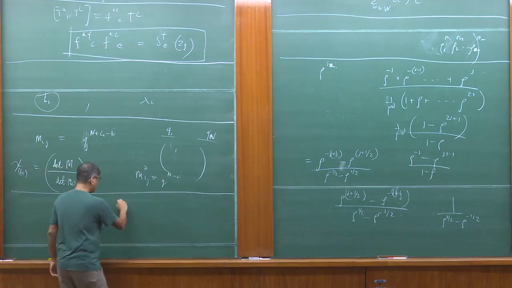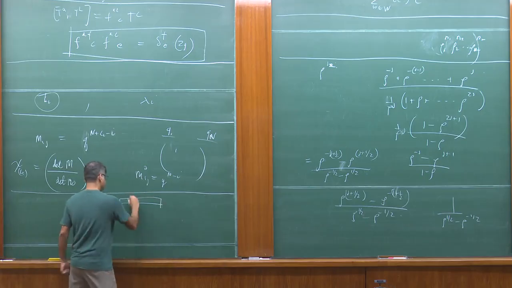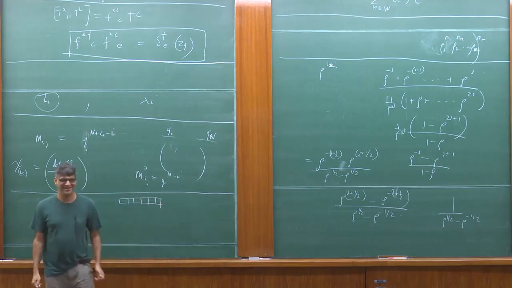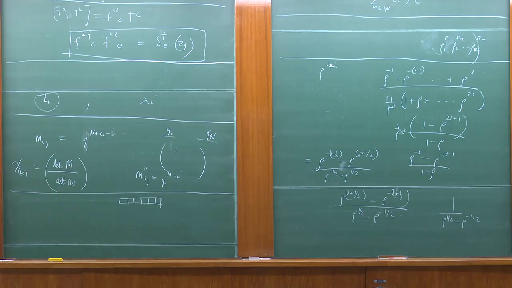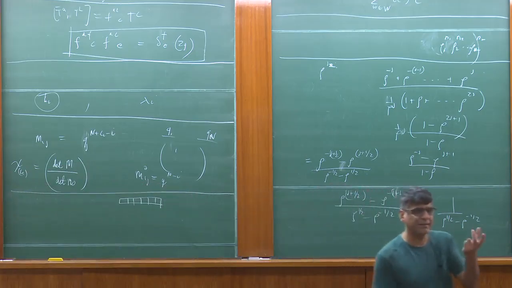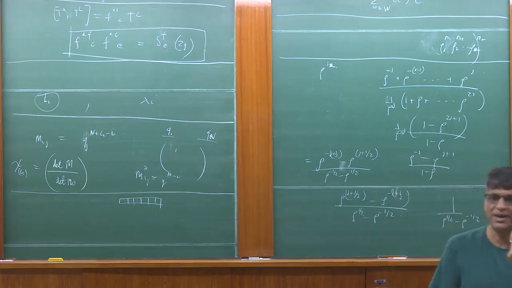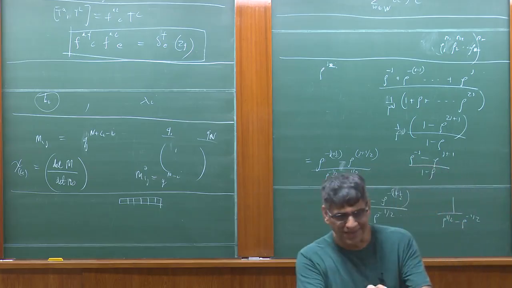Now, how do we put SU2 in Young tableau notation? Exactly. The fundamental, namely the two-dimensional representation of SU2, is one box. The spin 1 is two boxes, and so on.